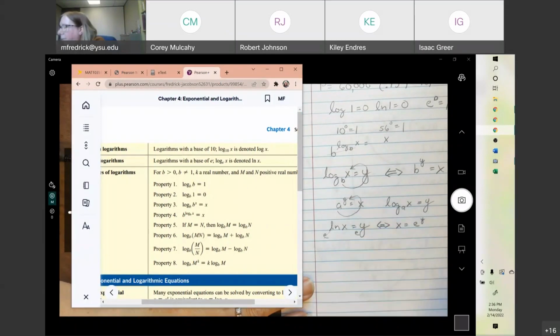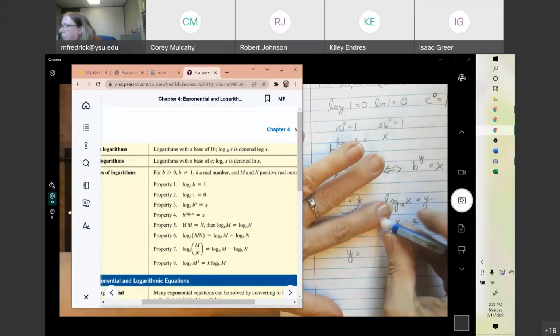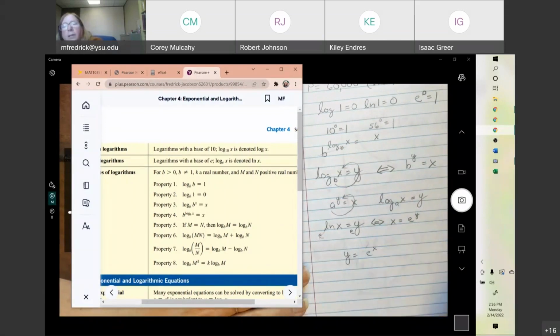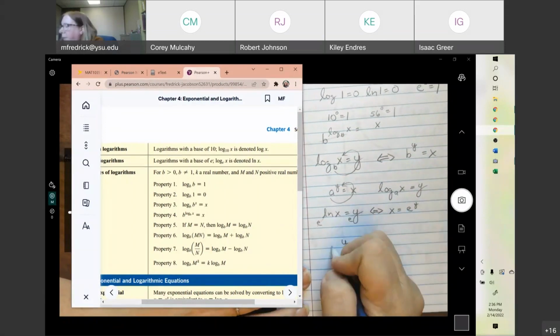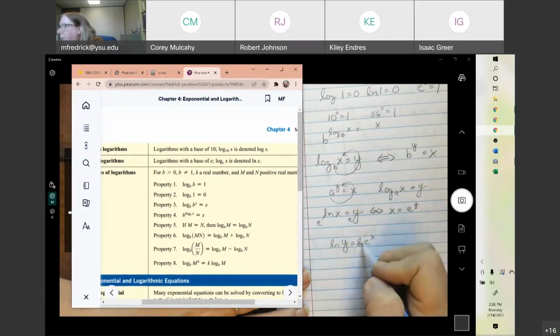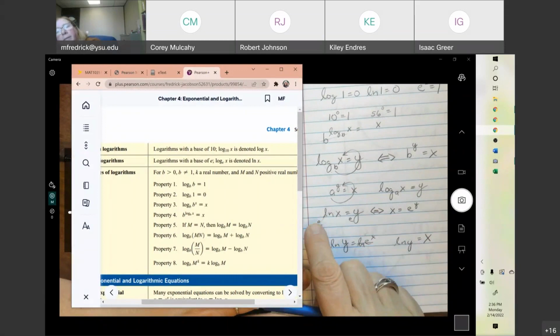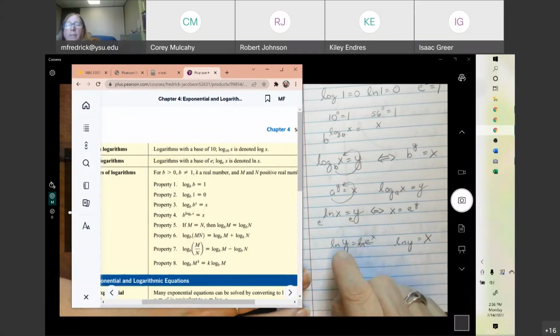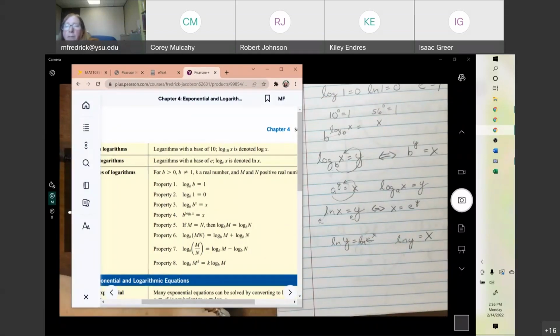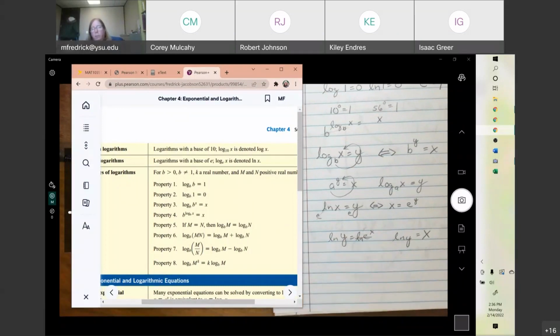Likewise, if we have the exponential, we can get rid of the exponential function by taking the natural log of both sides, because these will cancel. The natural log of y equals x. So if you have a natural log and you want to get rid of it, you can take it to the e power on both sides. If you have the e and you want to get rid of it, you take the natural log of both sides. And we'll be using that process to solve equations. Any questions on that part?